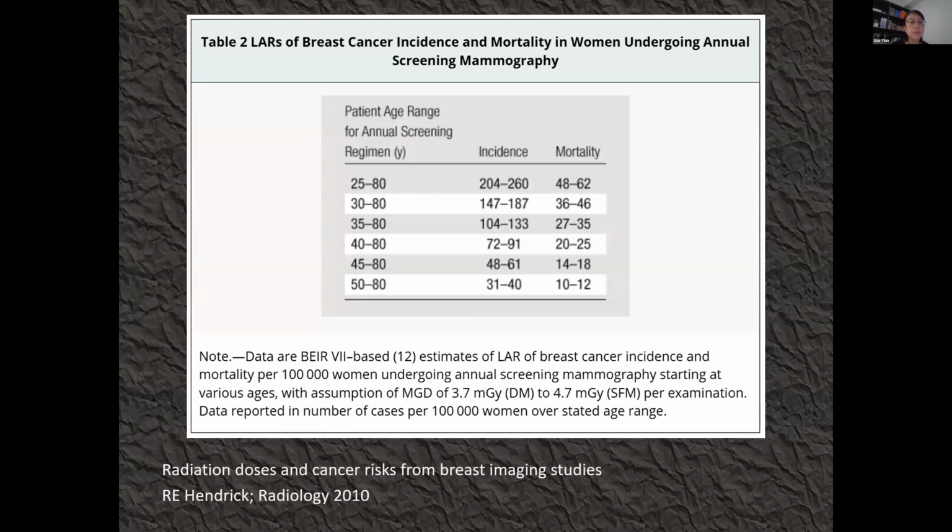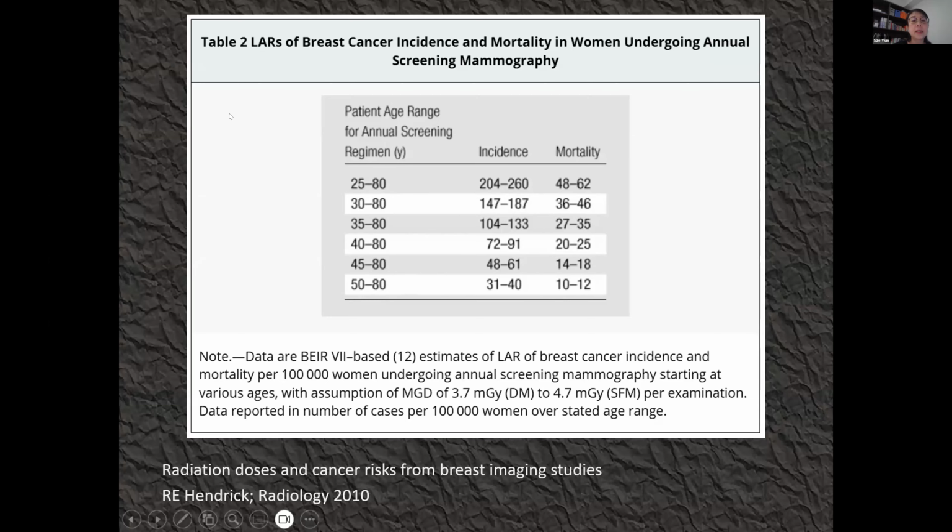So this is a paper that reported, based on modeling, the incidence of breast cancer, estimates of LAR, so the lifetime risk of developing a breast cancer due to breast imaging exposure.